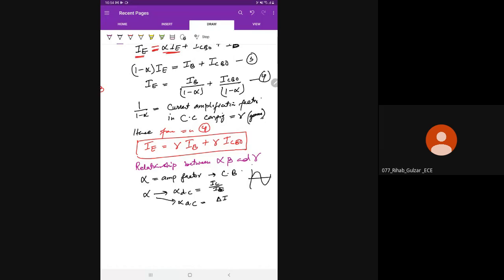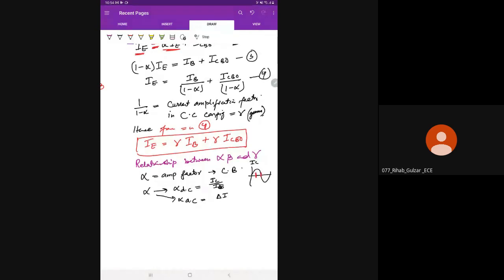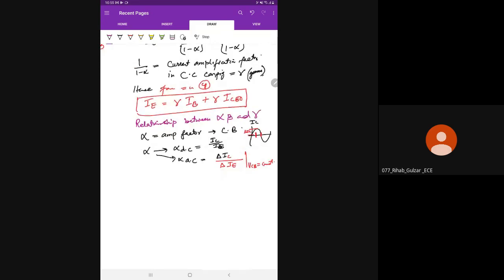So if this is IC, how much IC changes when the current moves from this point to this point? Perhaps this much change is happening. So this is delta IC, and delta IC divided by delta IE when VCB is constant. What is VCB? VCB is the biasing voltage at the output. That is, we are not changing the DC, only the AC voltage is changing, and then you can find alpha AC. In the same way, every current component, current gain and amplification factor has a DC component as well as an AC component.